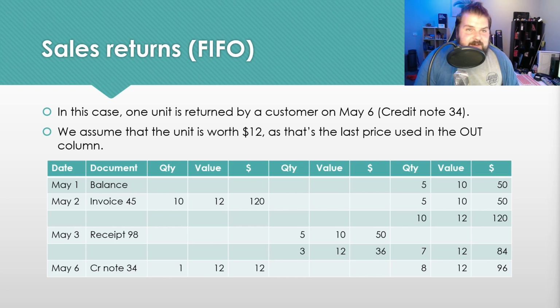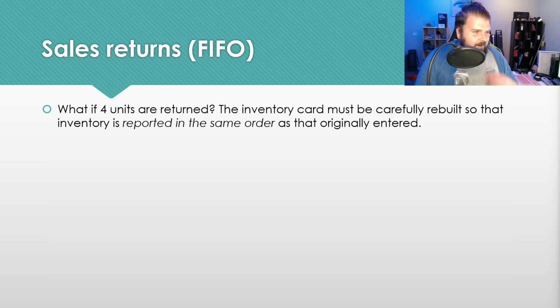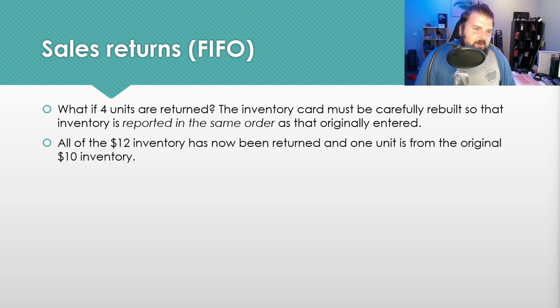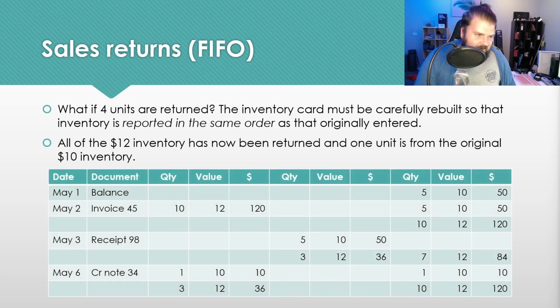Now, as I was saying, if we have to go past this price, so beyond these 3 units, we go to the next one. So let's look at an example of that. As I said before, we're just going back in the same order. So we go from that $12 price to the $10 price. We're just working our way backwards.